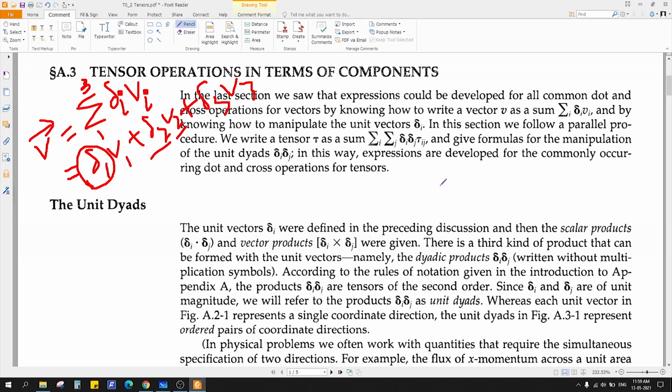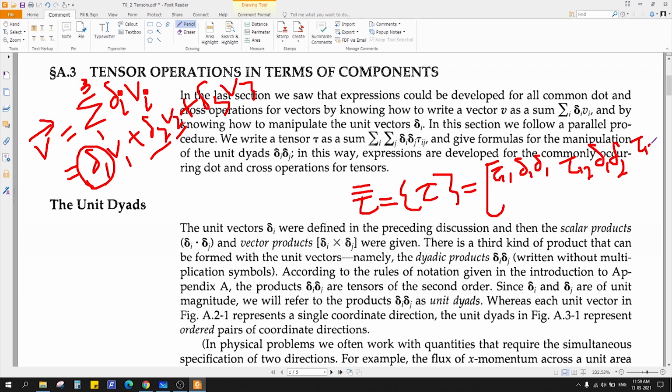But how to write the tensor? Let's say this is a tensor. I told you curly braces mean tensor, or you can write it with a double dash. So how to write this in short notation? You can also write in matrix notation. So in matrix notation, this is like this: tau 1 1, then you have two directions, 1 1, tau 1 2, delta 1 delta 2, tau 1 3.